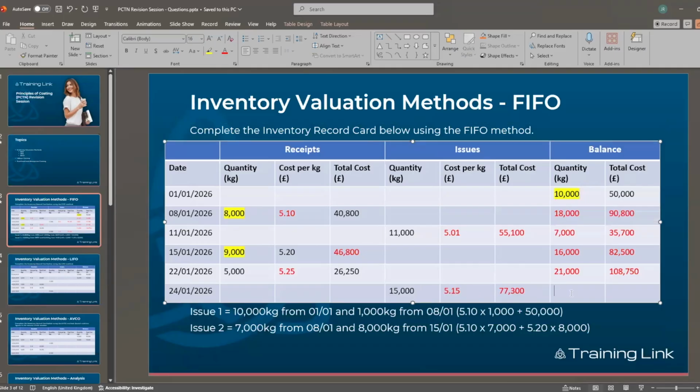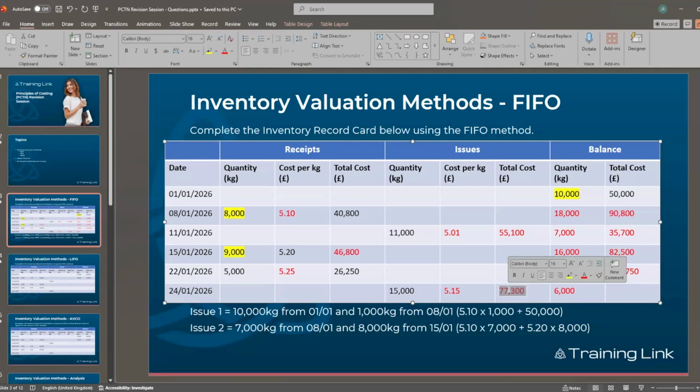Then, as we've done at every single point on each row, we update the balance as we go. We had 21,000, we've just issued 15,000, so we've got 6,000 left. That 21,000 was valued at £108,750.